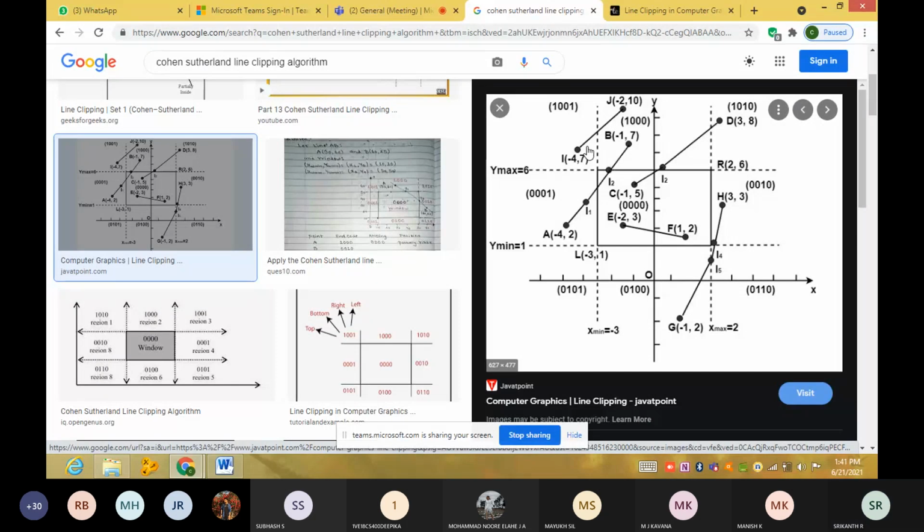This line, guys: I is at minus 4, 7, J is at minus 2, 10. This line is there, right?